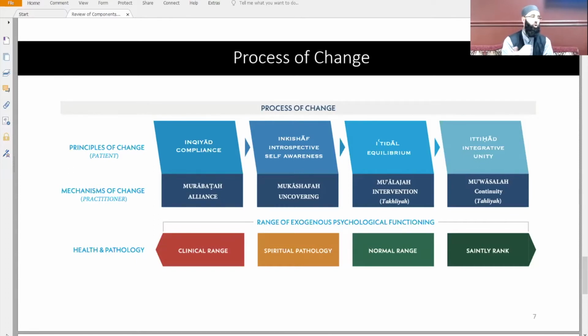That you choose to adopt this modality of spiritual treatment or spiritual growth or take on the spiritual path, and you have to comply with some of the prescriptions of what the sheikh is offering you, right? In our context, it's treatment compliance, right?